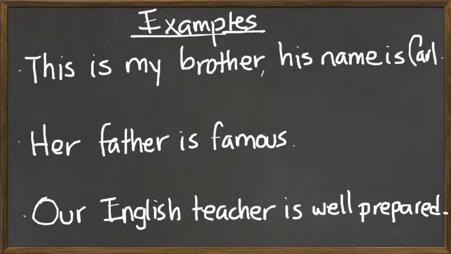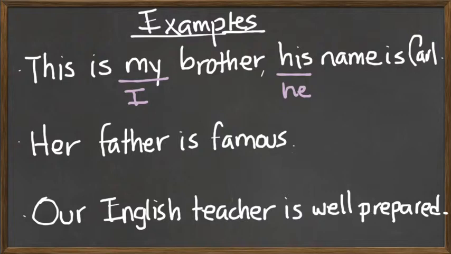Now, let's identify the possessive adjectives in this sentence. As you can see, we have 2, my and his. My is because we are talking about I, and his because we're talking about my brother. In this case, we would be he.